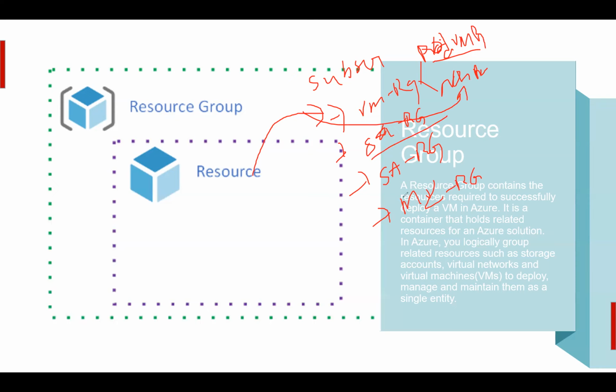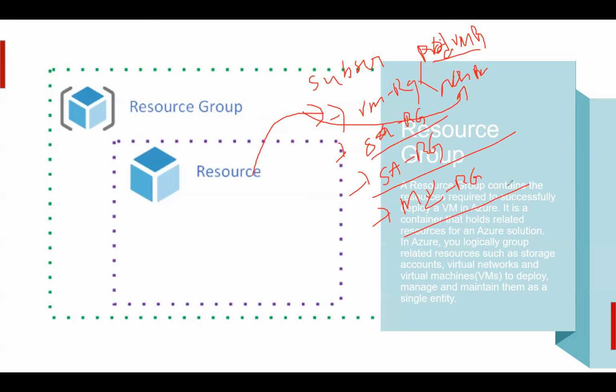SQL, storage accounts, and managed instances are the same. So you can create a number of resource groups, and under each resource group you can create the resources. A resource group is also a container.